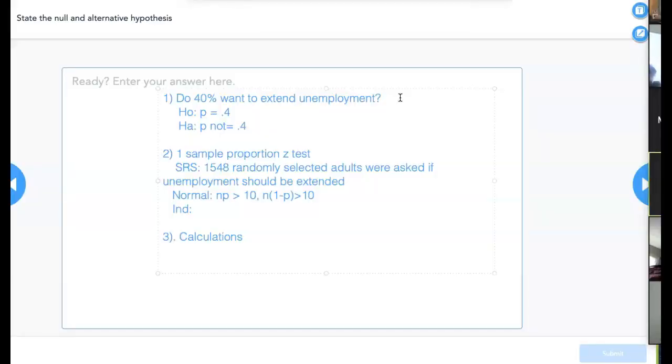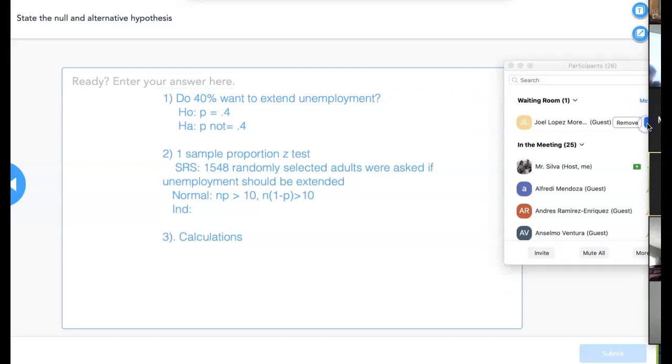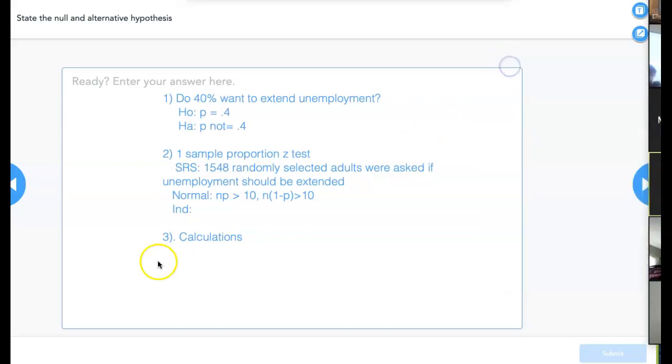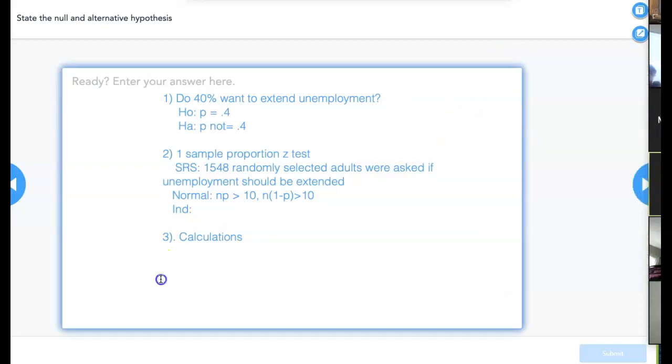Step 4, we're going to go to conclusion, and conclusion needs 3 parts. So I'll get to conclusion and talk about that significantly today. 4 is a conclusion.